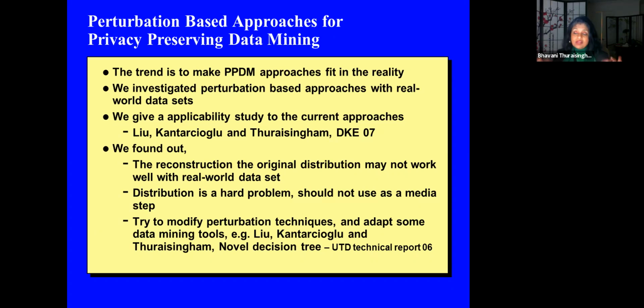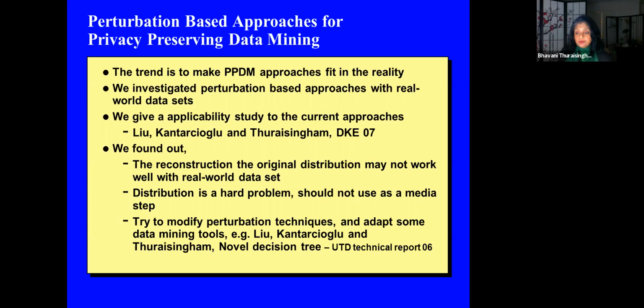Because we have to reconstruct the data, the distribution. Distribution is really a hard problem. It should not be used as an intermediate step, probably as a first, initial step. Try to modify perturbation techniques and adapt some data mining tools. And so we have looked at decision trees and various other types of data mining techniques.